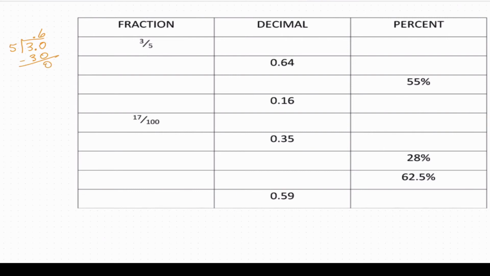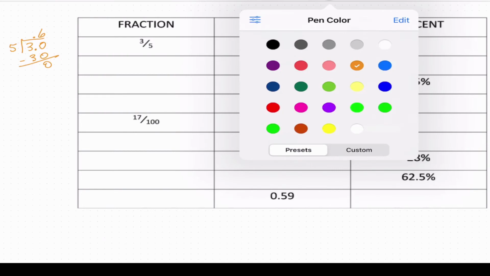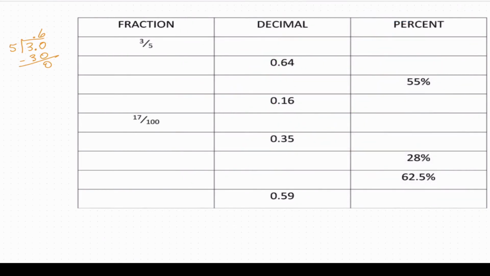That would be 0.6. Now as a percent, remember we just move it two places to the right, and that makes it 60%.